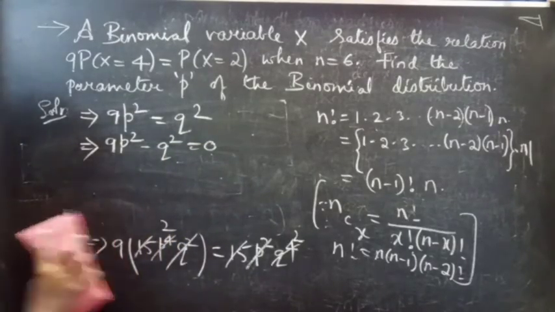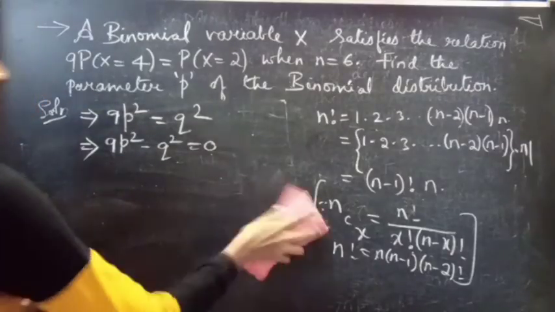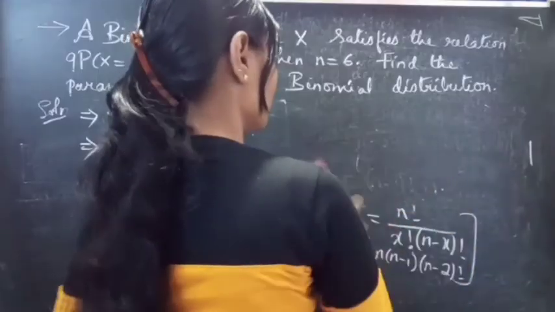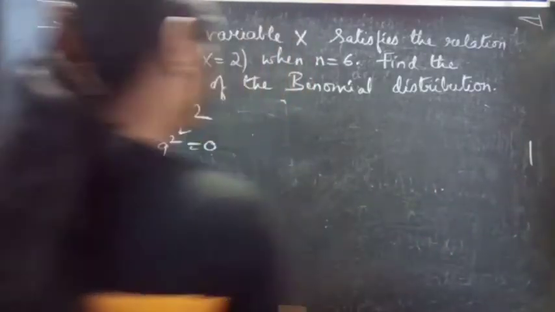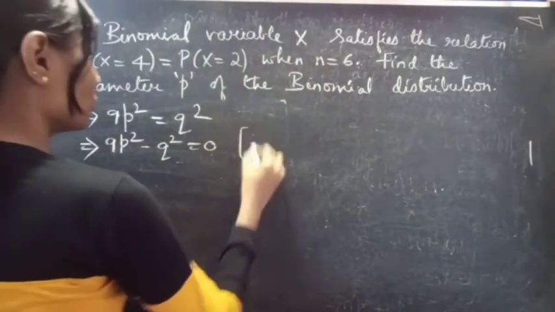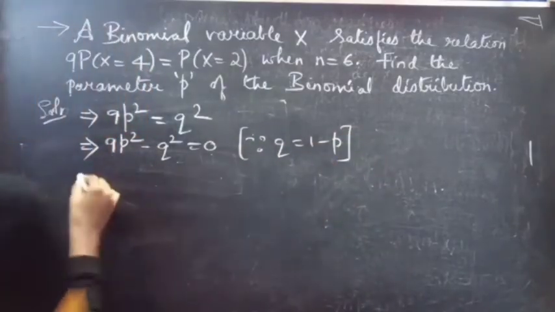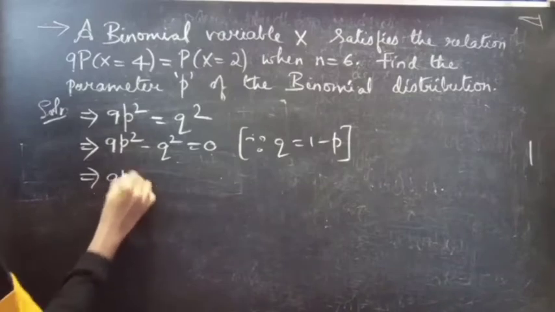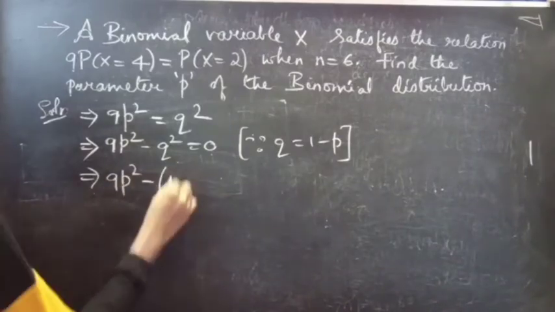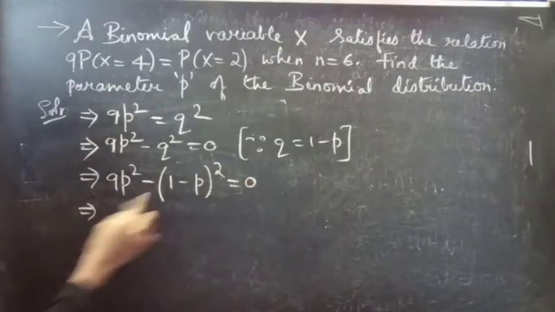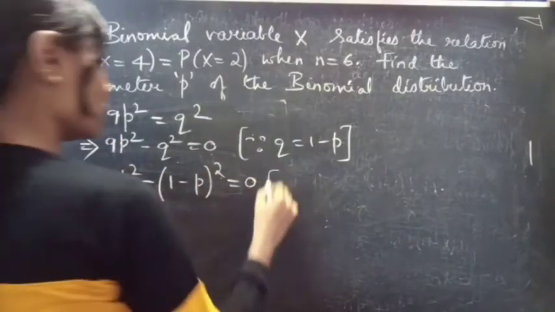Since we know that q equals 1 minus p, I'll get 9p square minus (1 minus p) whole square equals 0. Now we can apply the a minus b whole square formula.